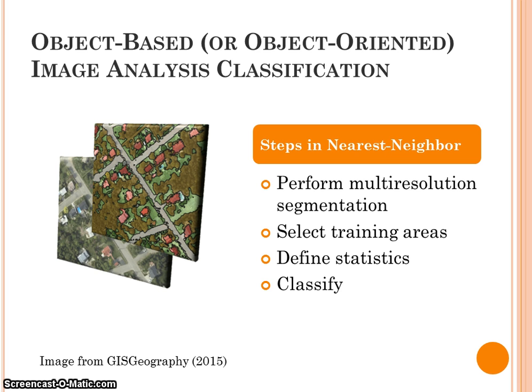This process is called multi-resolution segmentation. Multi-resolution segmentation produces homogeneous image objects by grouping pixels. Objects are generated with different scales in an image simultaneously. These objects are more meaningful than the traditional pixel-based segmentation because they can be classified based on texture, context, and geometry.